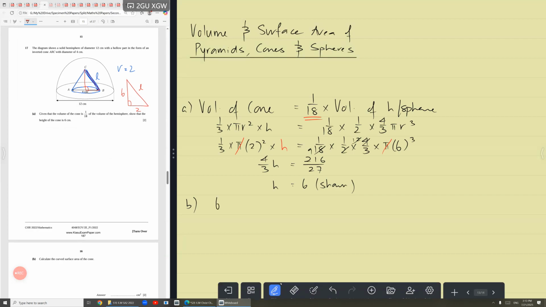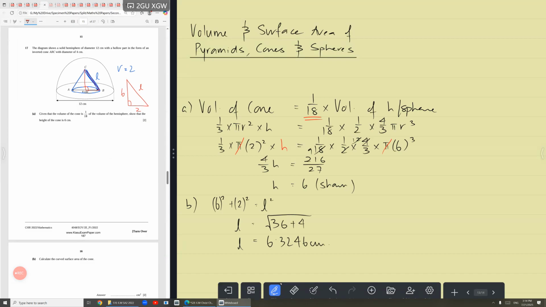So 6 square plus 2 square equals L square. So basically, L is simply the square root of 36 plus 4, correct? So it's basically square root of 40. And our slant height is simply equal to 6.3246 cm. Okay, this is our slant height.